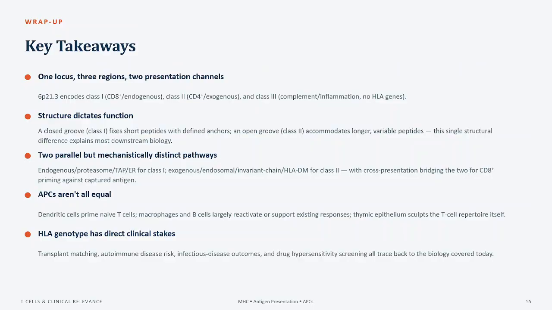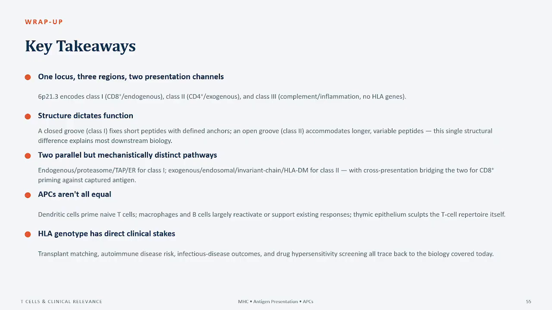So, right, what are the key takeaways? The first thing is one locus, three regions, two presentation channels. Understand that structure dictates the function. A closed groove fixes short peptides, open groove accommodates longer variable peptides. Then the two parallel but mechanistically distinct pathways.